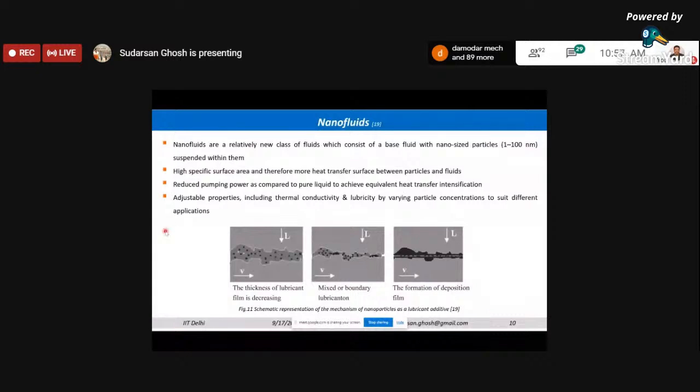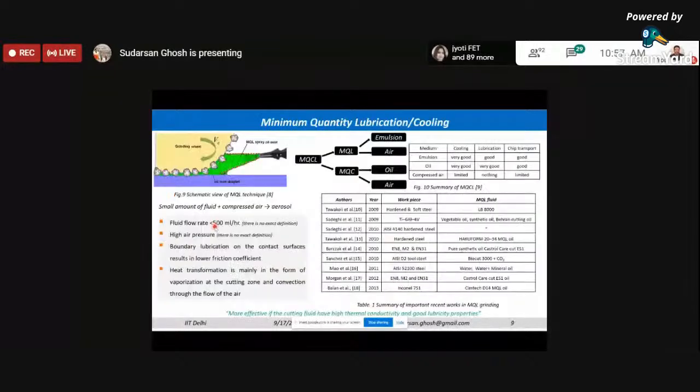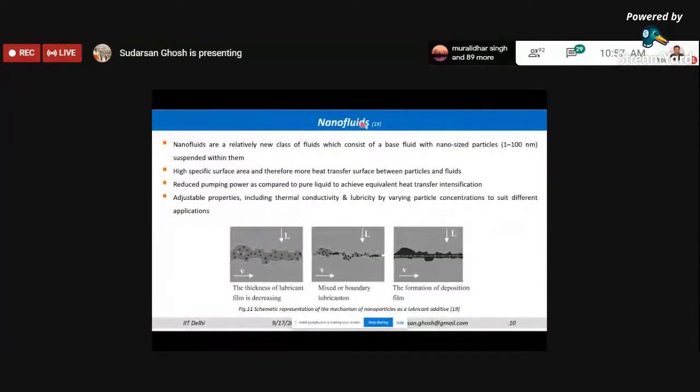So, as I have mentioned, thermal conductivity and good lubricity. Now with this concept, the nanofluids were actually developed. So the nanofluids essentially have better thermal conductivity, and they also possess better lubricity.